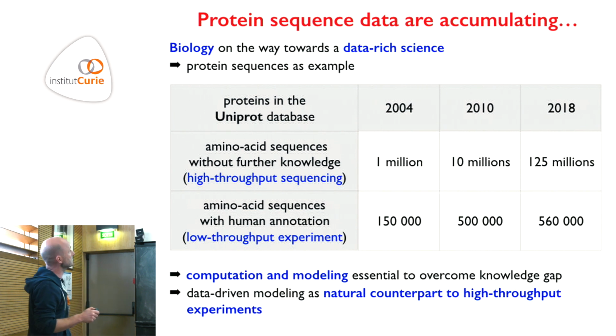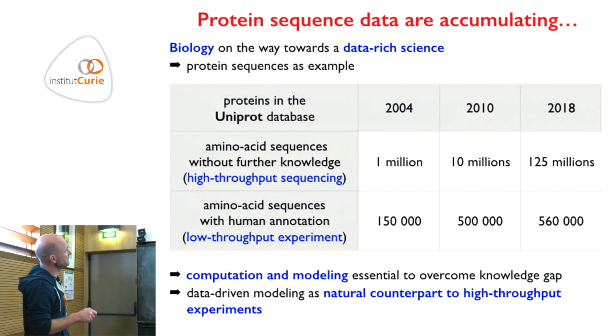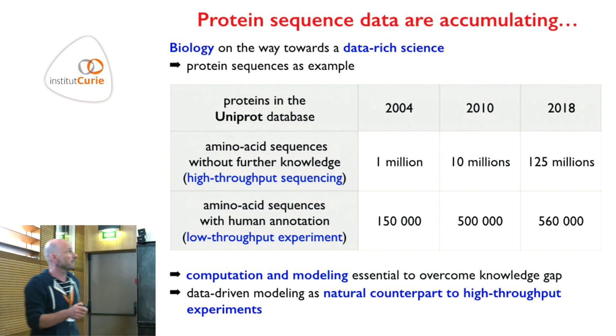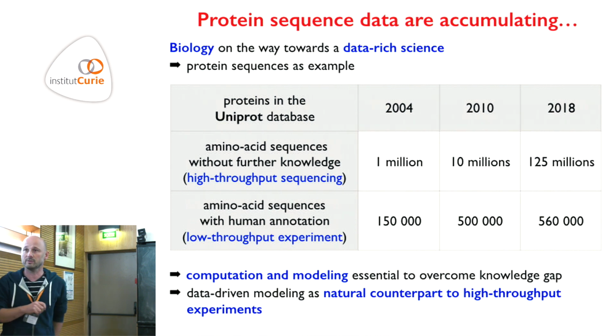On the other hand, there's a sub-database, the so-called SwissProt database, which contains all those proteins which have human annotations. Somebody has been working on this specific protein and has found out something about it. It can be functional annotations, a protein structure, or various other information. It's not necessarily homogeneous information, but there's some information put into this database.